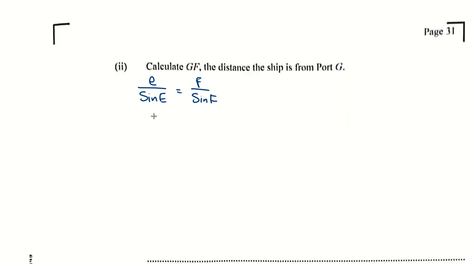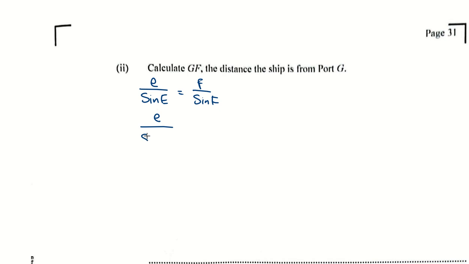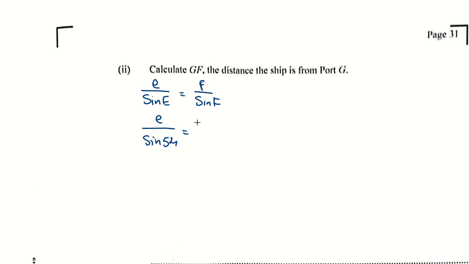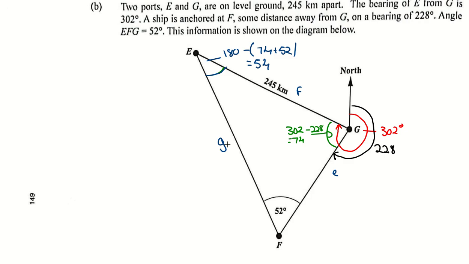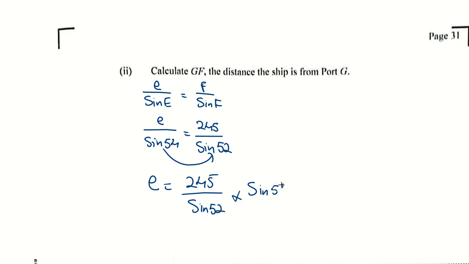We don't know E, so we put E over sine 54 is equal to 245 over sine capital F, which is 52. When you carry this across, E will be 245 over sine 52 multiplied by sine 54.